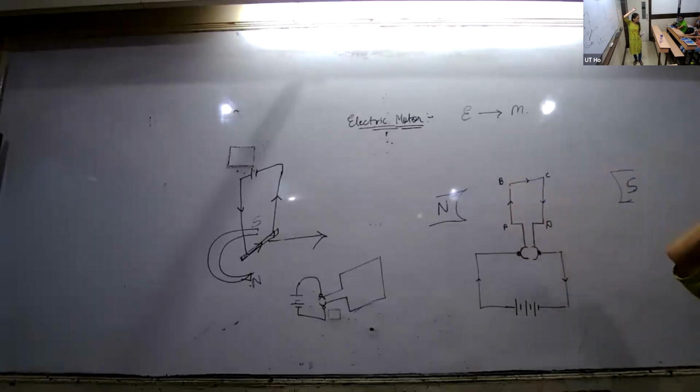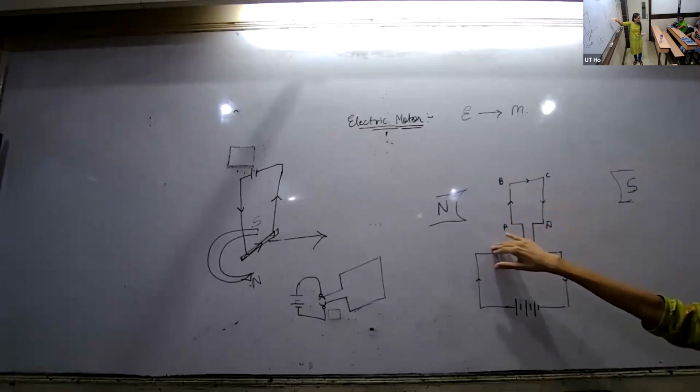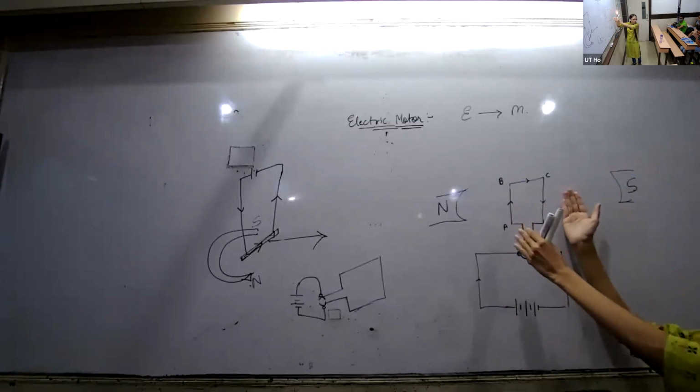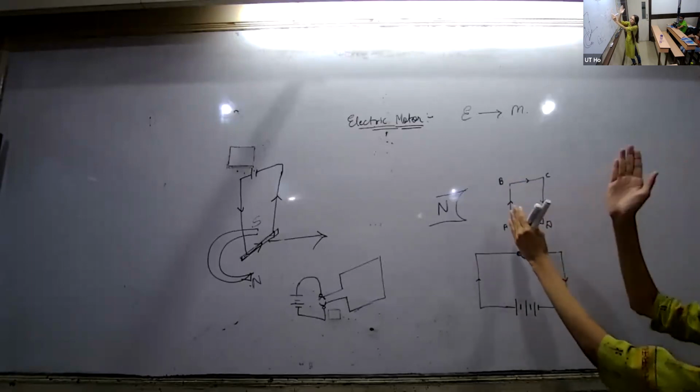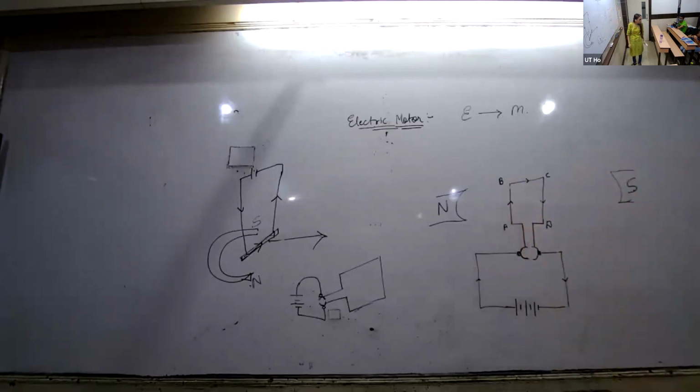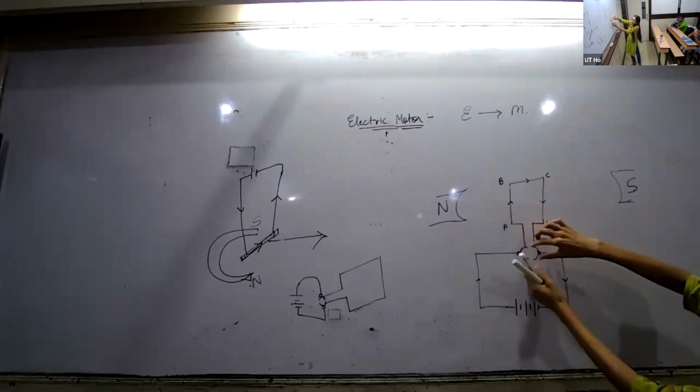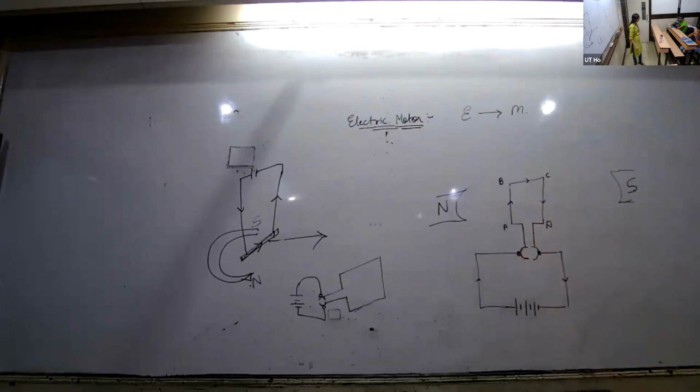AB experiences which force? Inside the board, and this CD experiences outside the board. So it is going to complete half rotation. And due to that rotation, this part will also start rotating further downward.